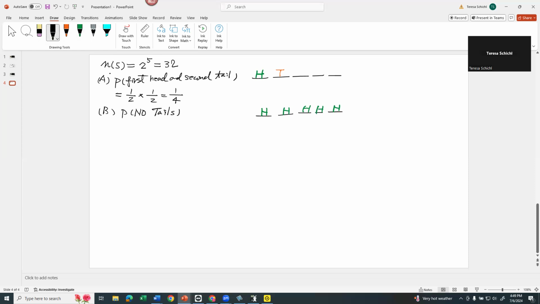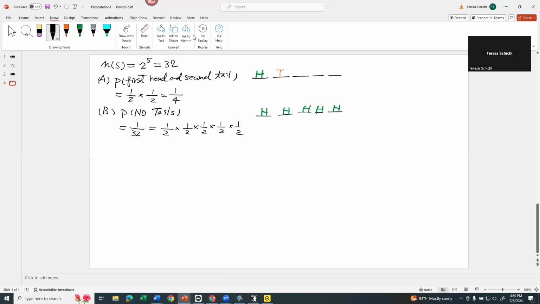So the probability of no tails is: I only have 1 situation out of the 32, so this is 1/32. Or you can say because the head, it will be 1/2 times 1/2 times 1/2 times 1/2 times 1/2.